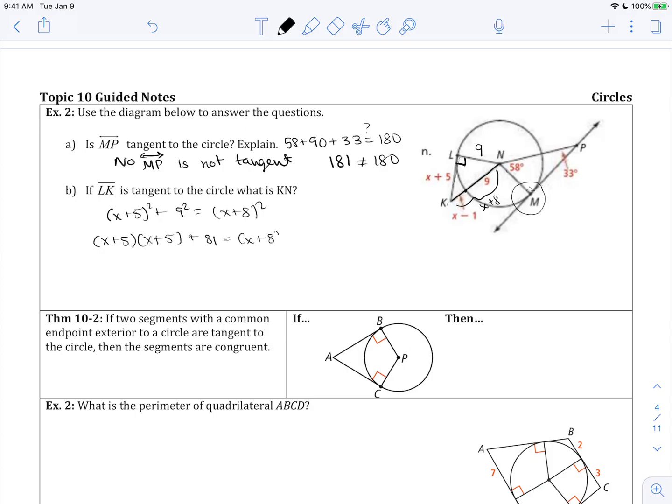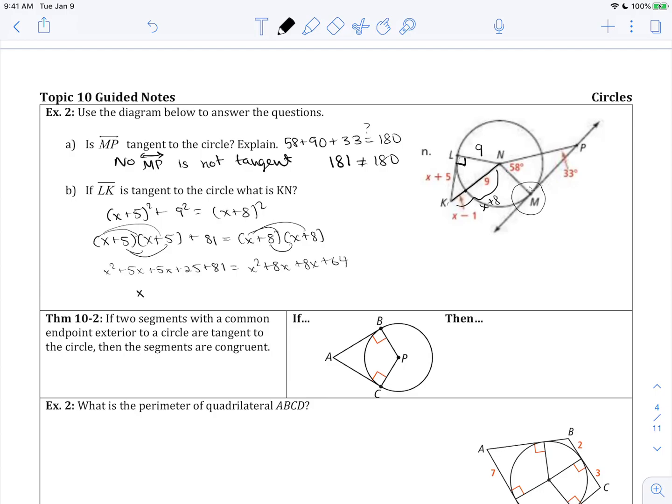It's going to be a lot of FOILing involved with this problem, right? Because we have a binomial on each side. So I'd FOIL here, get x squared plus 5x, FOIL here, 5x plus 25, plus 81, FOIL on the other side, x squared plus 8x plus 8x plus 64, okay?